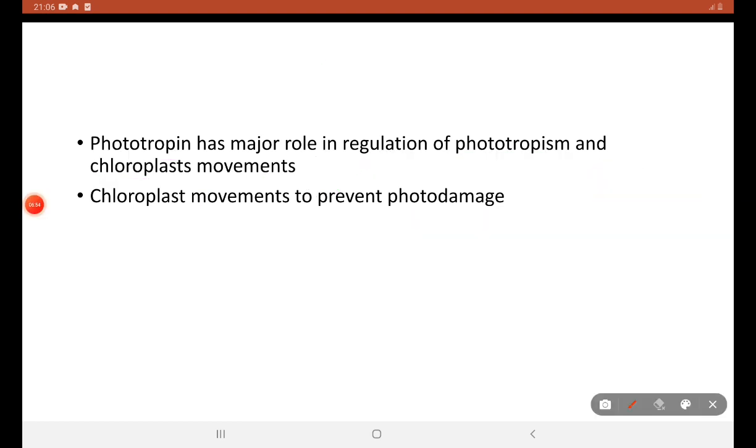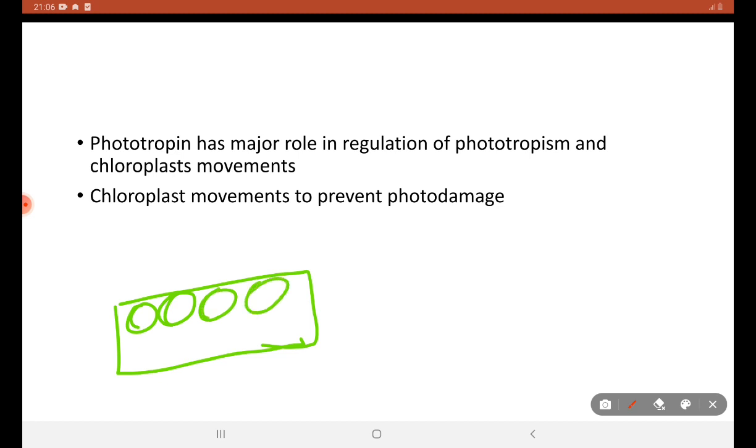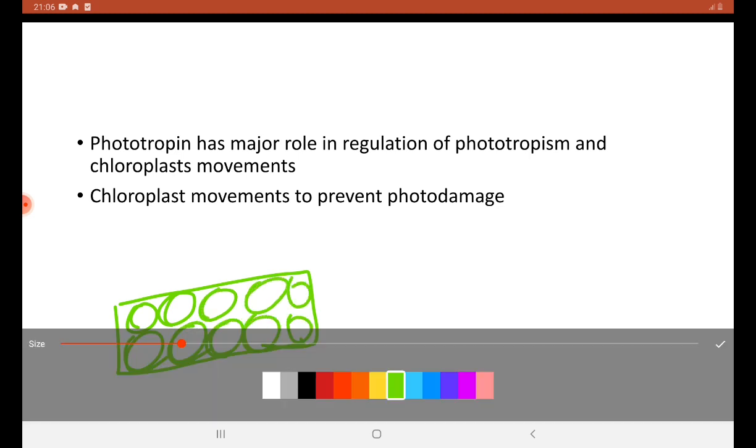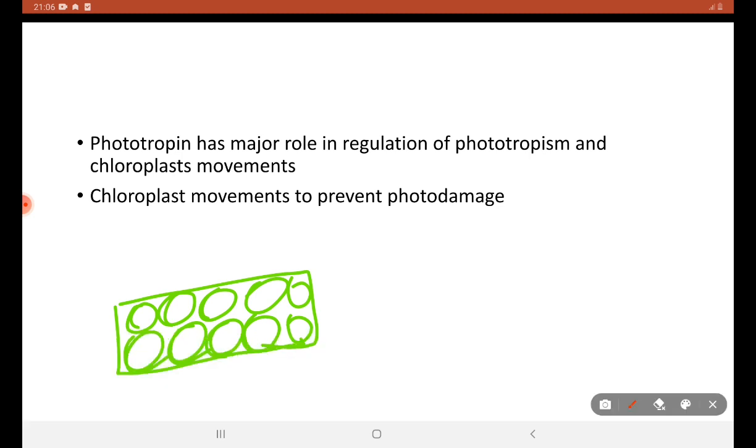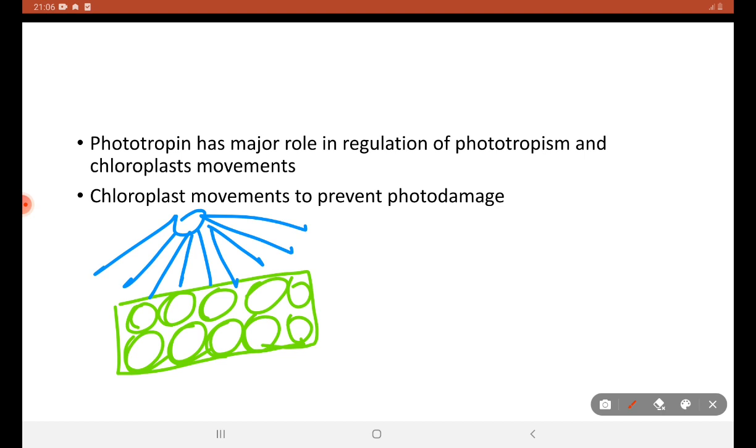Take for example, if we have a leaf with so many chloroplast cells, and consider they are irradiated with high intensity of light.